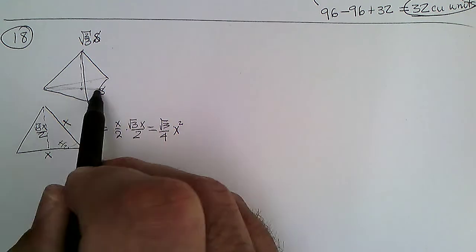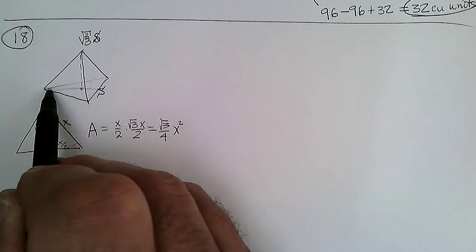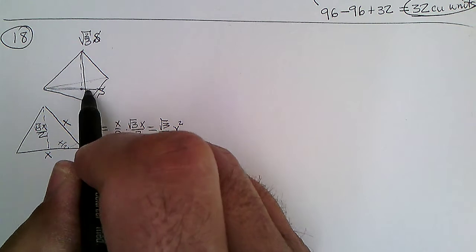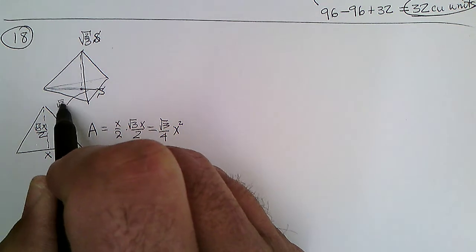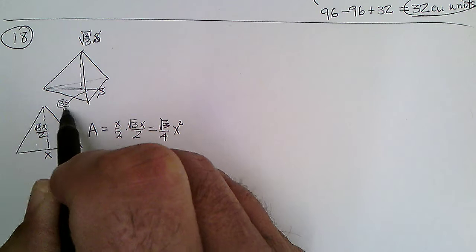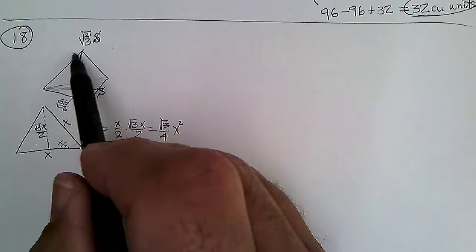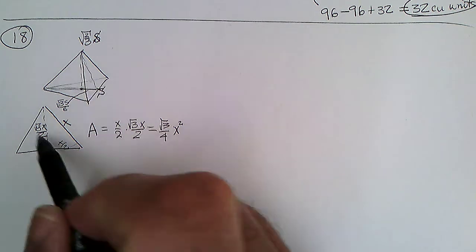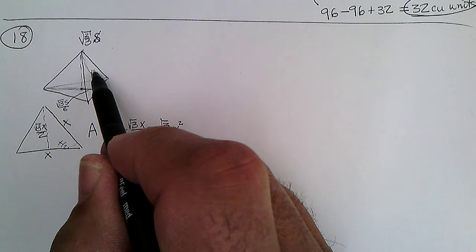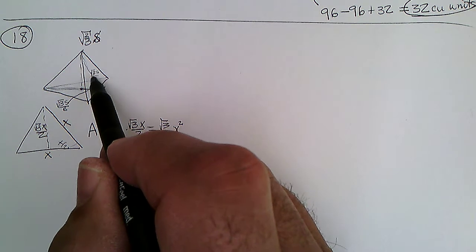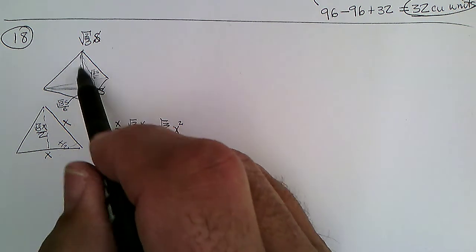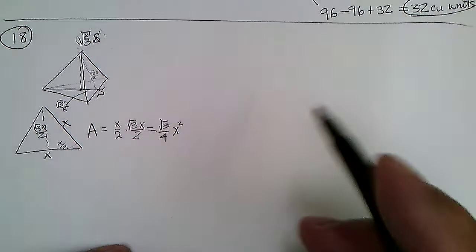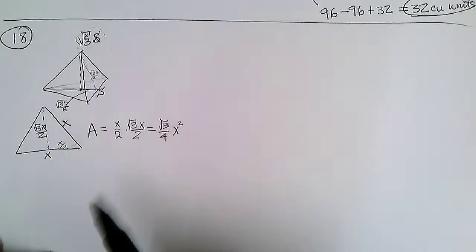So if this is square root of 3s over 2, the whole length, 1/3 of that, this length here would be the square root of 3s over 6, and using the Pythagorean theorem, with this length being the square root of 3s over 2, you can figure out that height has to be this. But that's not important for doing this one, because we're going to look at something else here.